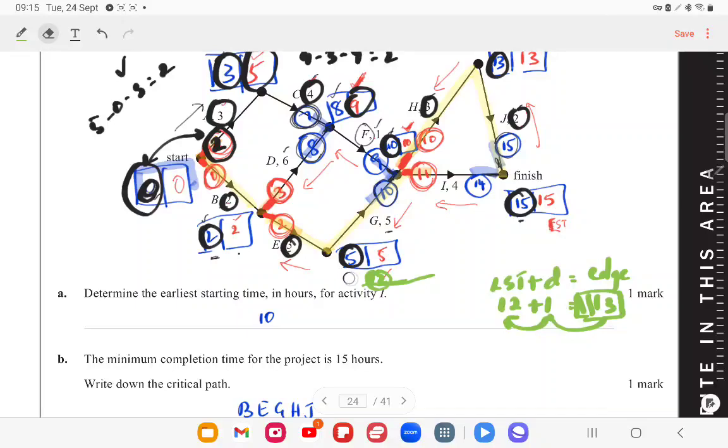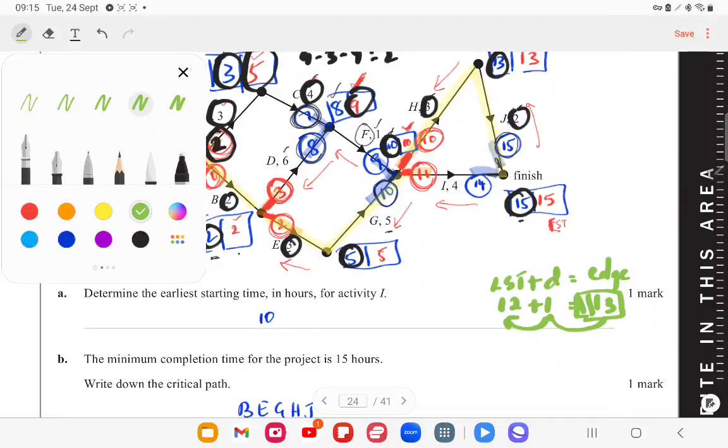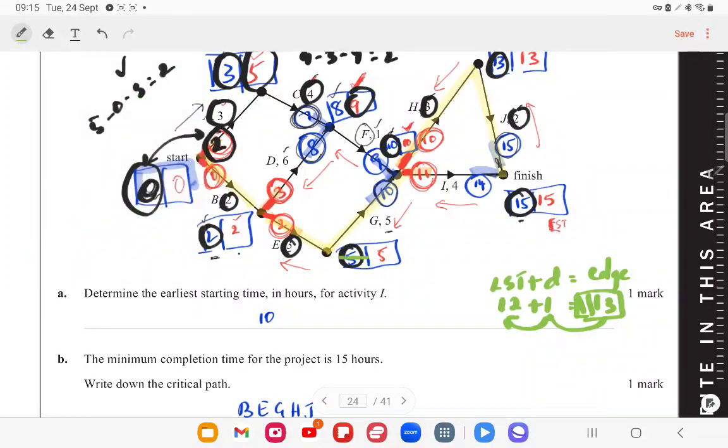Sorry, let me make that clearer. Let me join this, because the earliest starting time is 5 from what they've indicated. And so at the end of E, as I've explained, let's write 12 over here, which is the latest starting time for this activity.